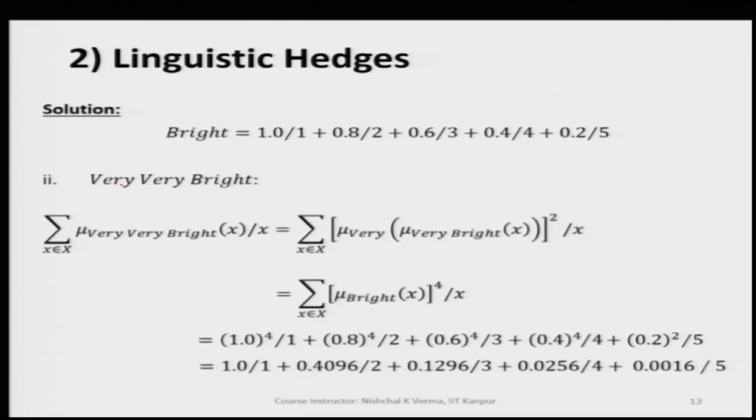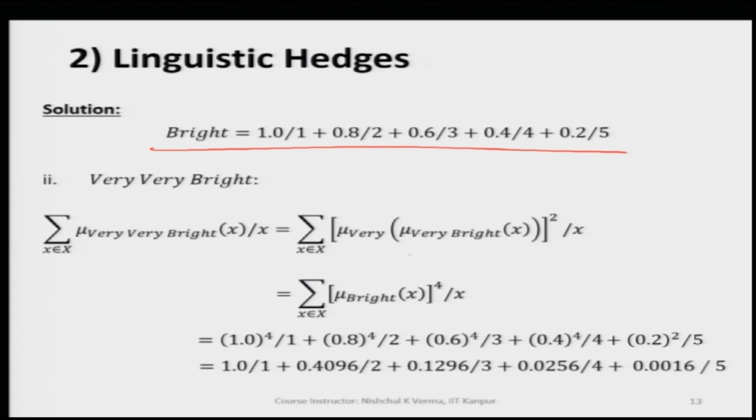Let us now move to the second example, which is for very, very bright. Bright has been given to us. Now, we have to convert the given bright discrete fuzzy set into very, very bright. Obviously, here we have 2 times very, so we have to square twice.